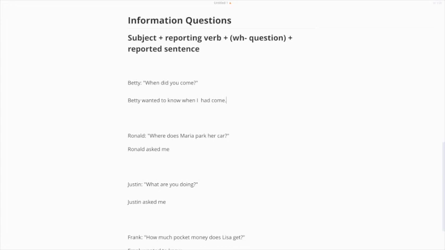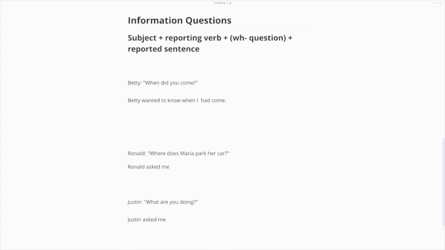Yes? So remember, we have the present is come, the past is came, and the past participle is come again. This is not a rule. Not all of the verbs in English are going to be like this, so I don't want you to get mixed up on that.